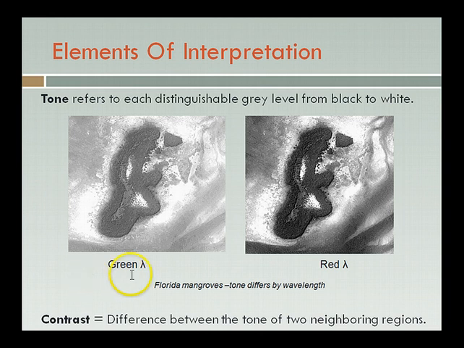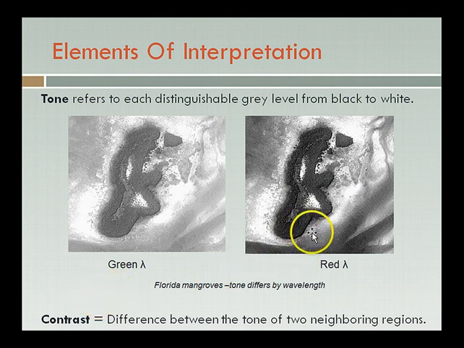For example, some of the shorter wavelengths, like the blues and the greens, tend to scatter more, and so you tend to get more of a hazy image in those shorter wavelengths, whereas if you look at some of the longer wavelengths, the exact same image, you can see that the brights are a little bit brighter and the darks are a little bit darker. So this difference is what we call contrast.